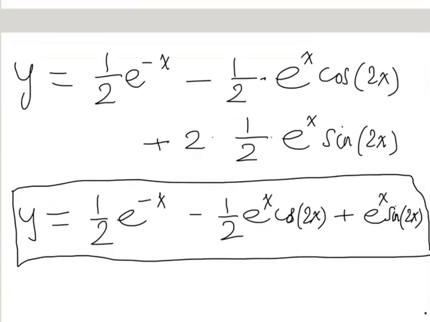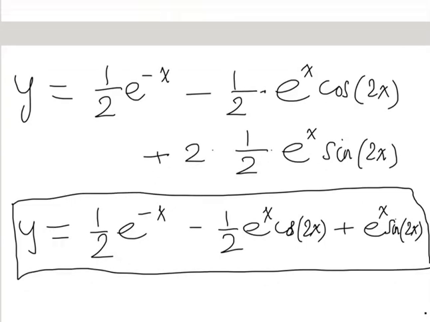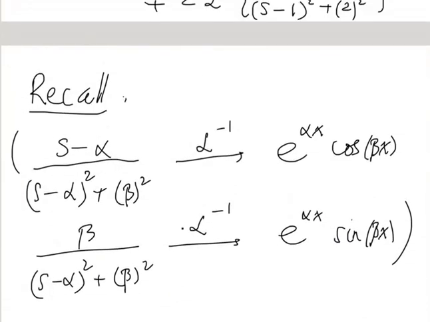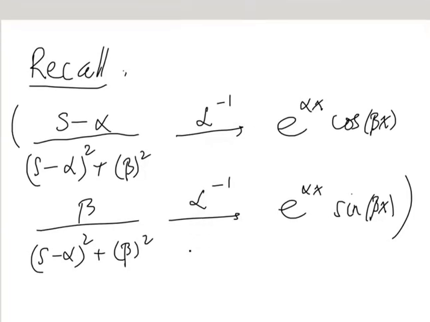And this is the solution to our given initial value problem. Now you see that it's a little bit tricky when it comes to e to the alpha x sine beta x, so you need to be careful. And this is the end of the lecture.